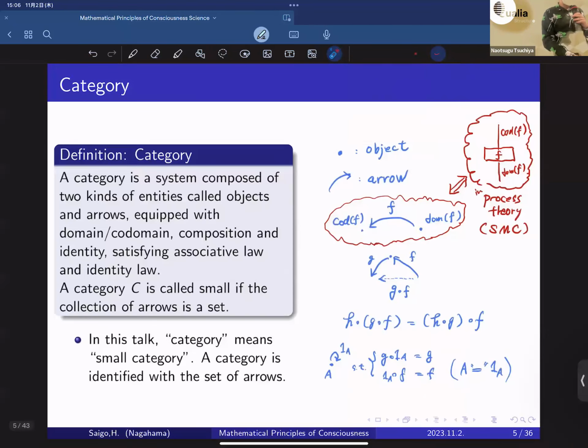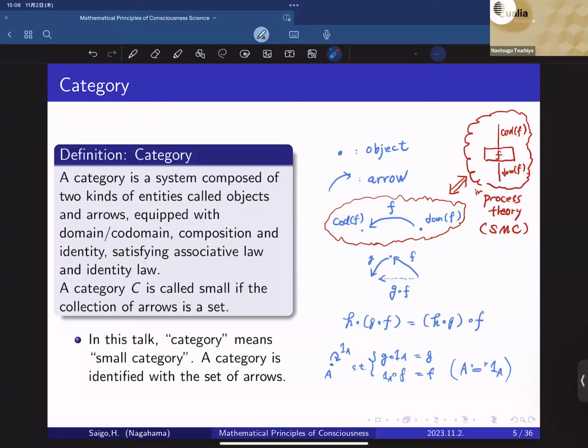Okay, so first, the definition of a category. I suspect that no one defined this notion in this workshop. But a category is, roughly speaking, a system of two kinds of entities called objects and arrows.